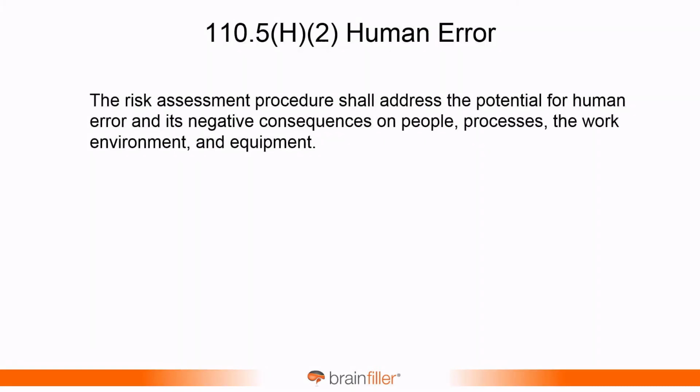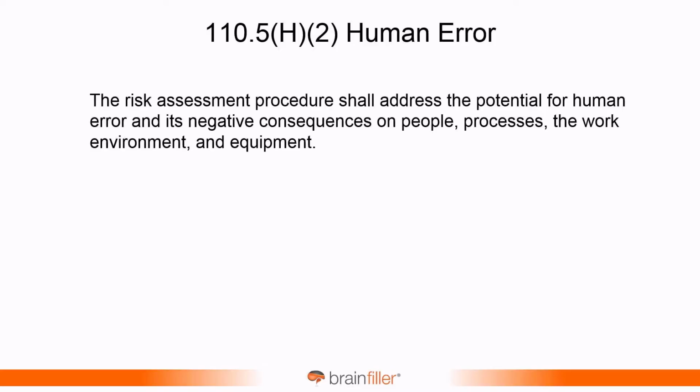Human error. I think if we could attribute some of the electrical safety issues to one common denominator, I think this is it, human error. And so human error was added previously, but it was clarified a little bit this time around. And by clarification, what I mean is this states that the risk assessment procedure shall address the potential for human error and its negative consequences, and here's what needed clarifying, on people, processes, the work environment, and equipment.